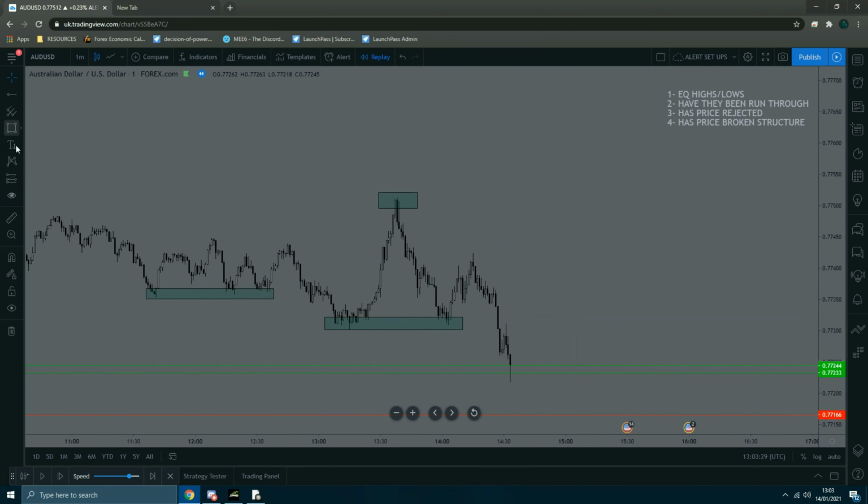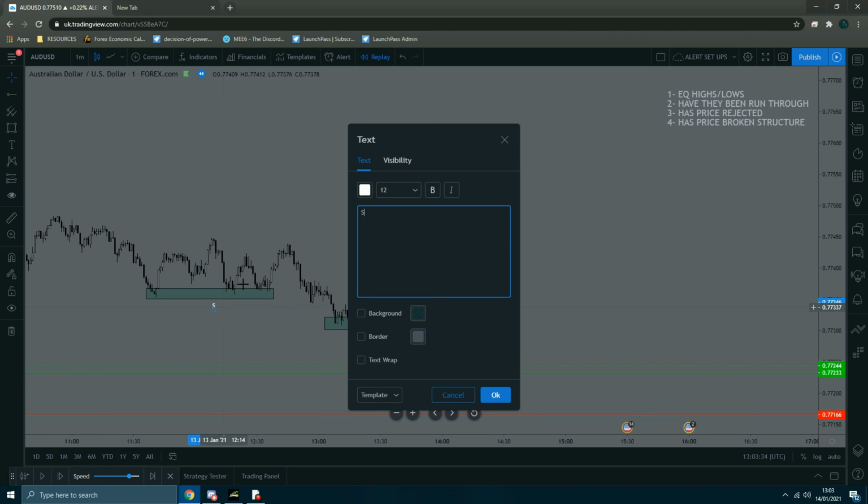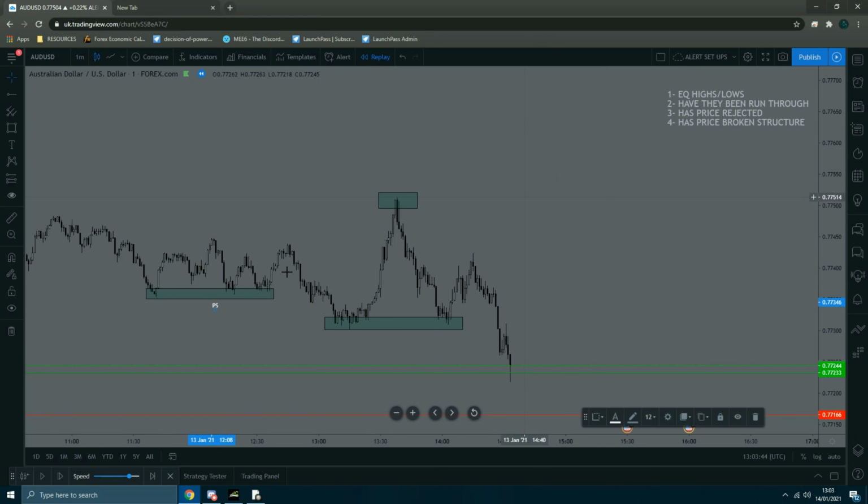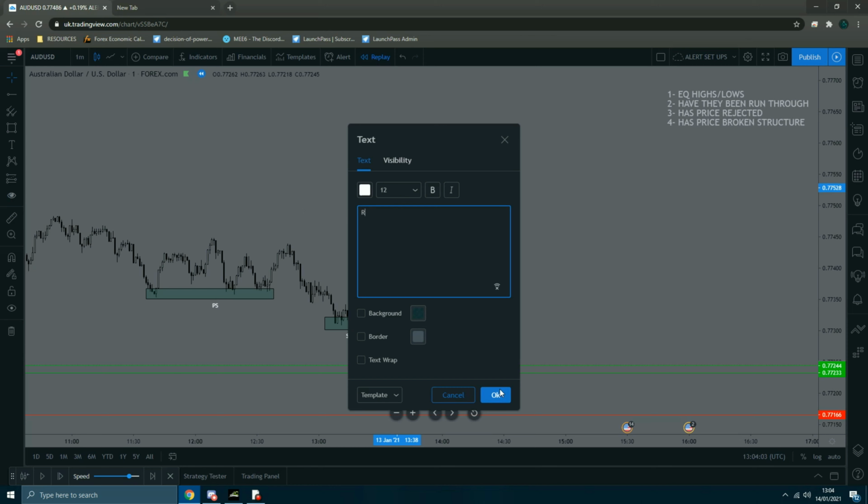Now as for the schematic that's playing out right here, we've got our preliminary support right there. Then we had our selling climax, followed by the automatic rally.